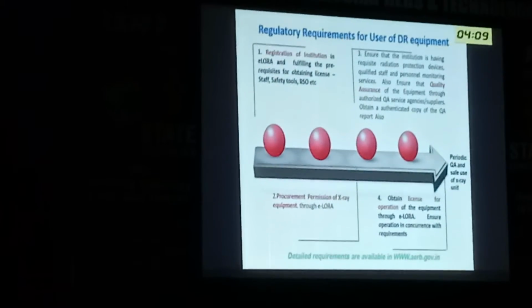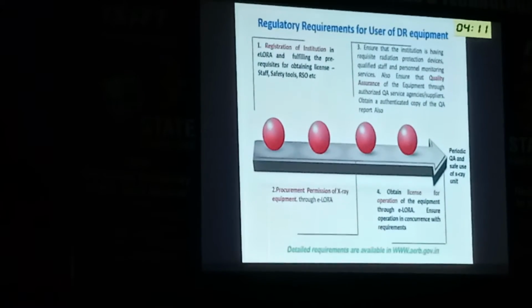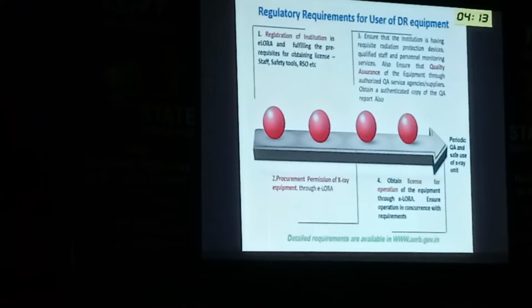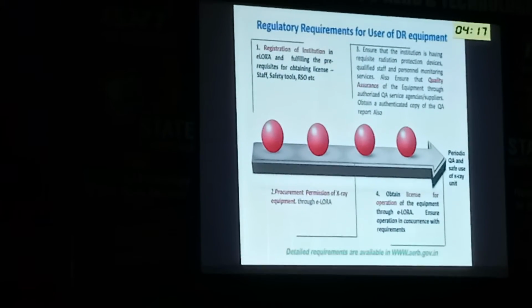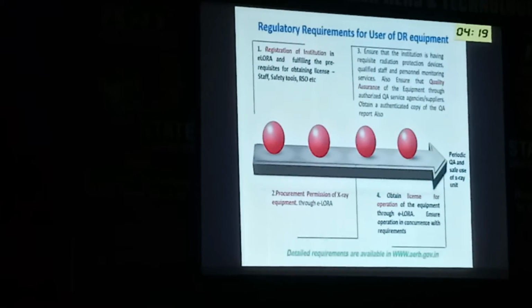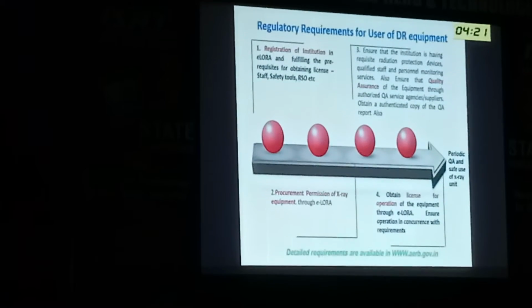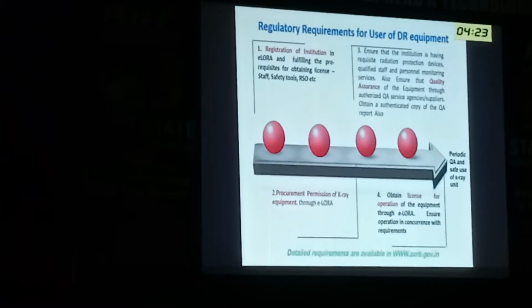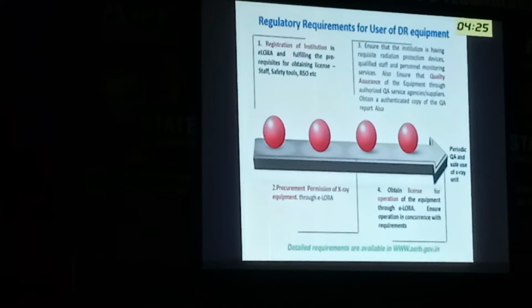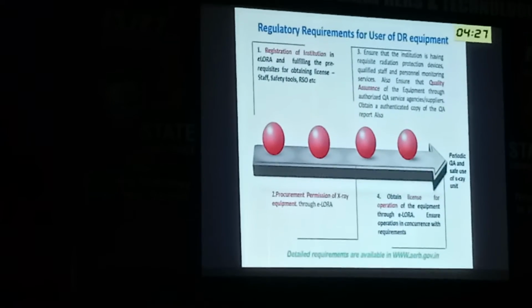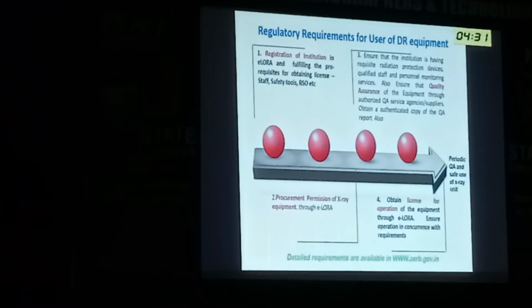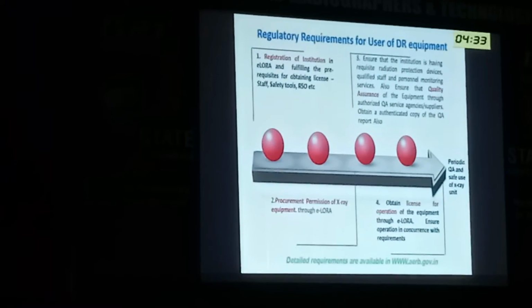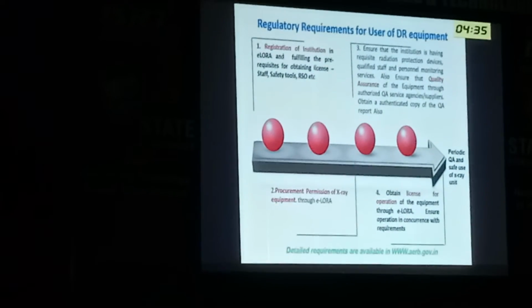If we see the regulatory requirements, one is registration of the institution, then procurement permission for X-ray equipment. It may be new equipment or pre-owned equipment, which was used earlier by some other organization; that facility will decommission it, and another facility wants to use it. Then ensure that the institution has the requisite radiation protection devices, qualified staff, and personal monitoring services.